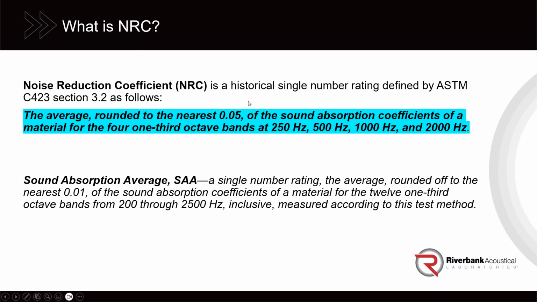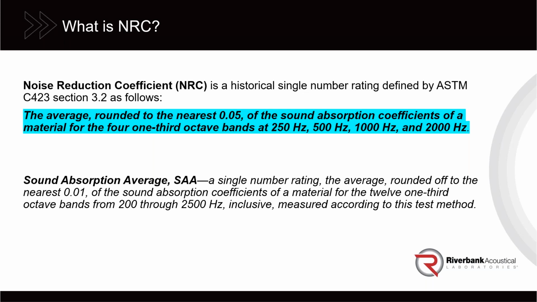So they would round to the nearest 0.05, the thought being so that you don't have an NRC 0.75 material and then an NRC 0.76, but the uncertainty of the test is about that, and they're actually the same performance, but just happen to have slightly different results. So that was the thinking by rounding it to 0.05. The problem with that is that rounding can actually introduce error. It can expand that difference.